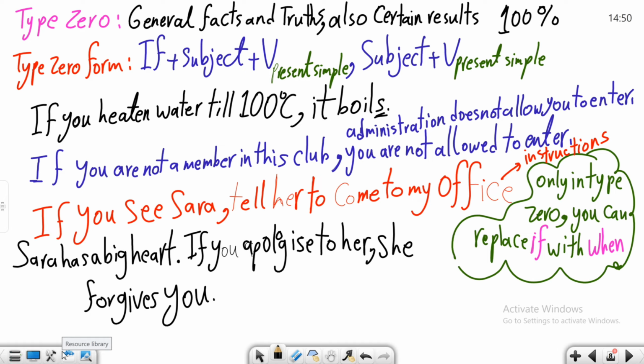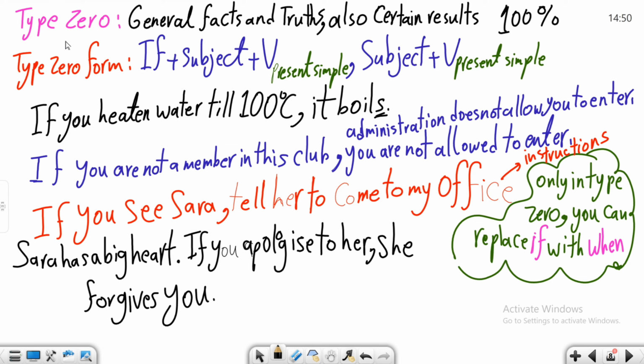She doesn't say that generally because this is what she is. So we use type 0 when we are sure 100% that the result will happen if the condition happens.